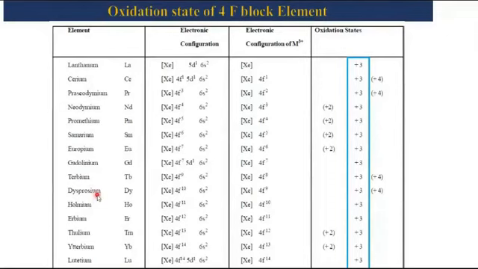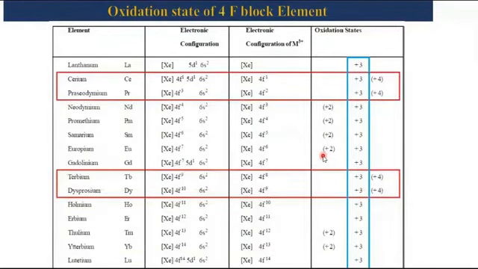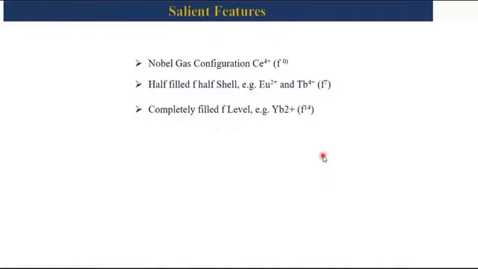Okay, their symbols are Ce, Pr, Tb, and Dy. Even in a few cases, +2 oxidation state is also reported. But general oxidation state is, always remember, +3. This is 2.